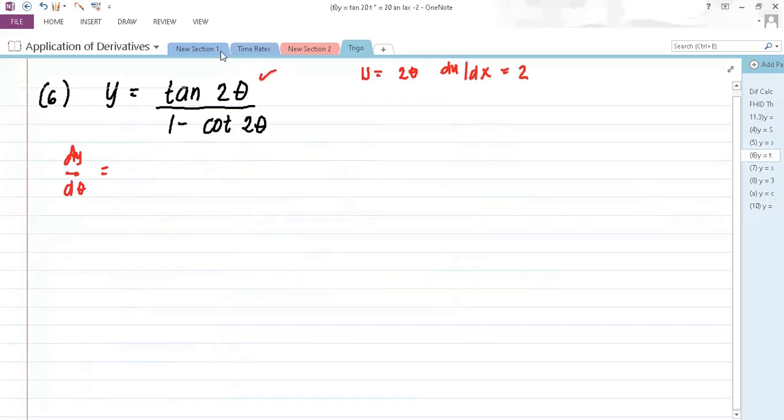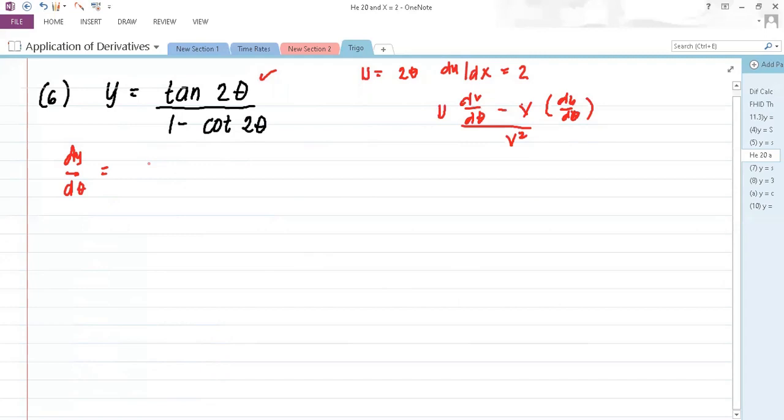So kunin natin yung derivative ng tangent of 2 theta, di ba? Pagka-quotient derivative of the numerator multiplied by the derivative of the denominator minus the denominator multiplied by the numerator over the denominator squared. Diba? Ganyan yung equation natin for the quotient.